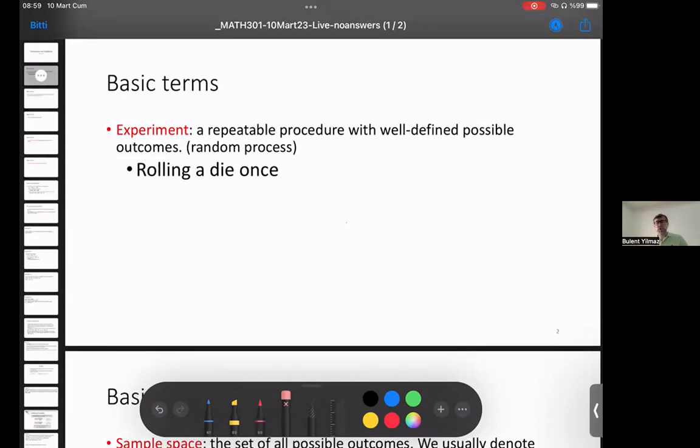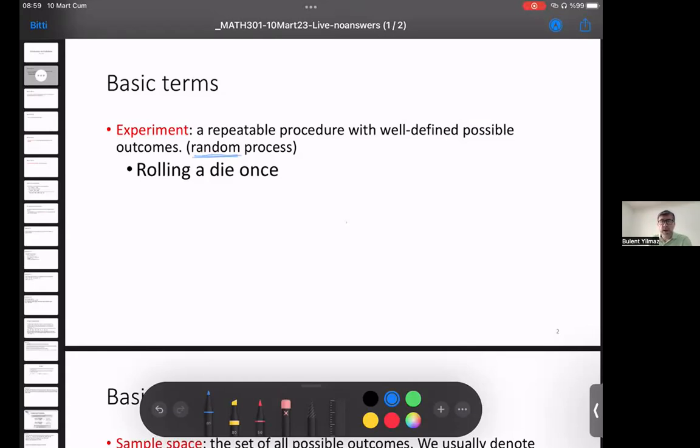So I hope you understand the basic idea of experiment. Do you remember what the experiment concept is, guys? Experiment, random experiments. There will be a randomness in my experiment.